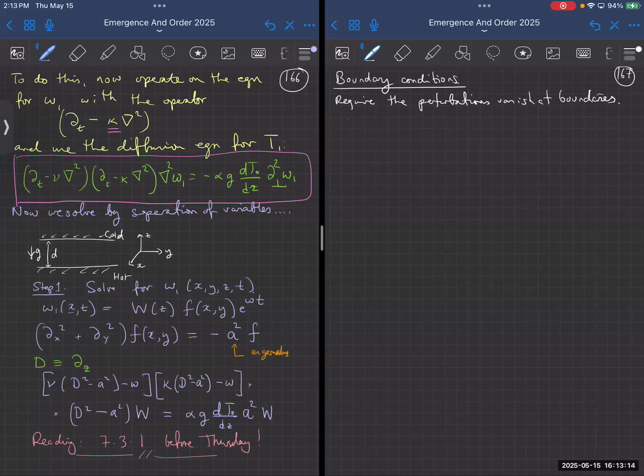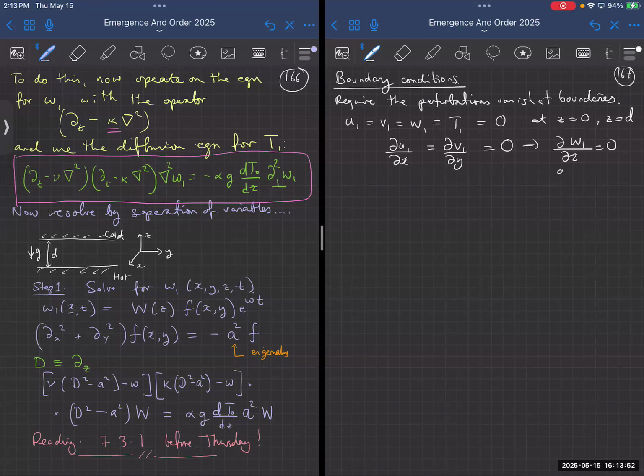That says that U1, V1, W1 and T1, those are the fields, are 0 at Z equals 0 and Z equals D. That's the lower and the top plates. So what that means is that the derivatives dU1 by dx and dV1 by dy are equal to 0, and so that means that dW1 by dz is equal to 0.